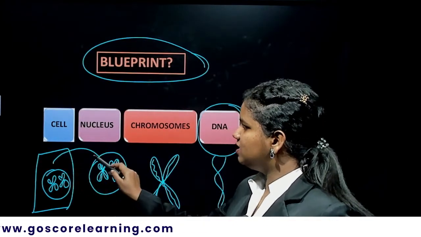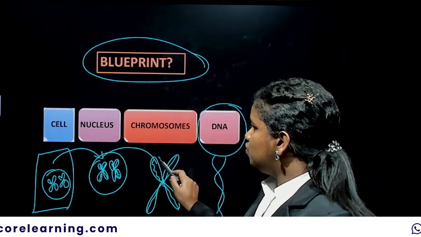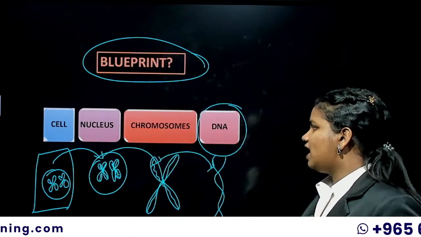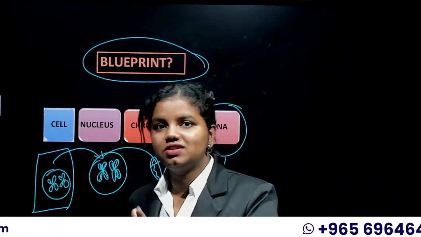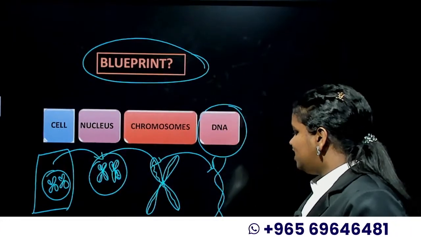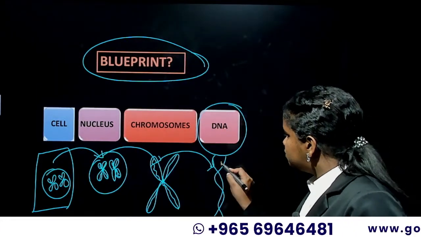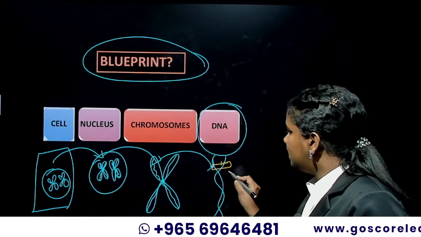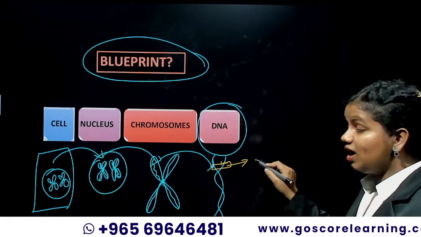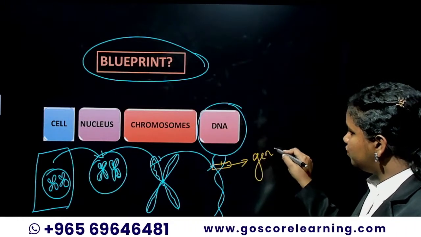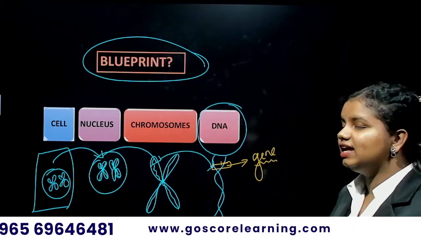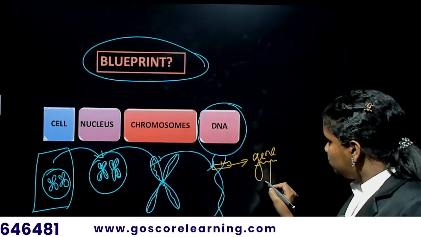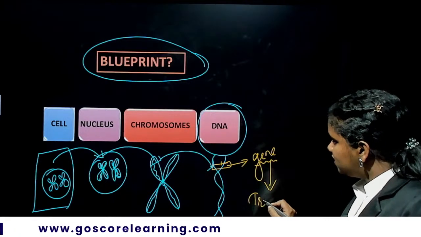Inside the cell, there is nucleus. Inside the nucleus, you have chromosome. Inside the chromosome, you have deoxyribonucleic acid. Each and every single part of this nucleic acid will be carrying some trait or other. So we call a portion of that DNA a gene, which will be encoding a trait.